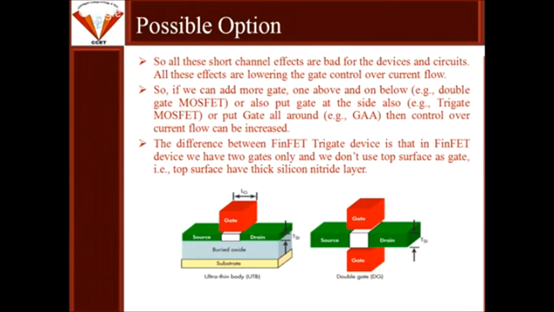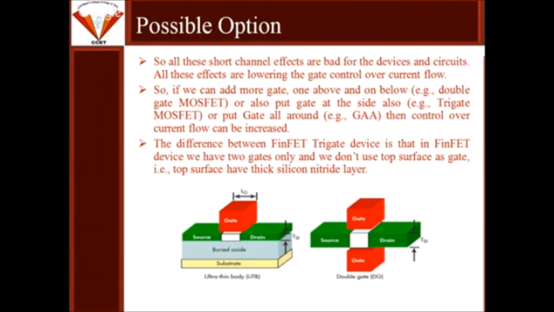So the researchers started thinking that if we can have more control over the electrostatics, then why don't we switch over to that? Nowadays, Intel is fabricating different circuits based on FinFET devices or tri-gate devices beyond 22 nanometers.